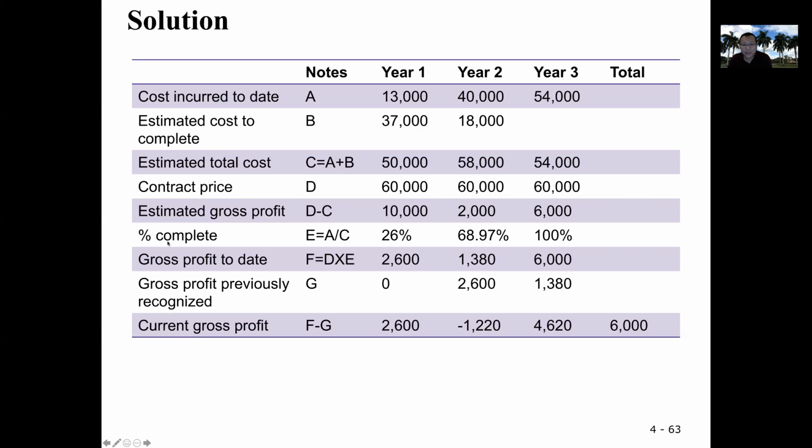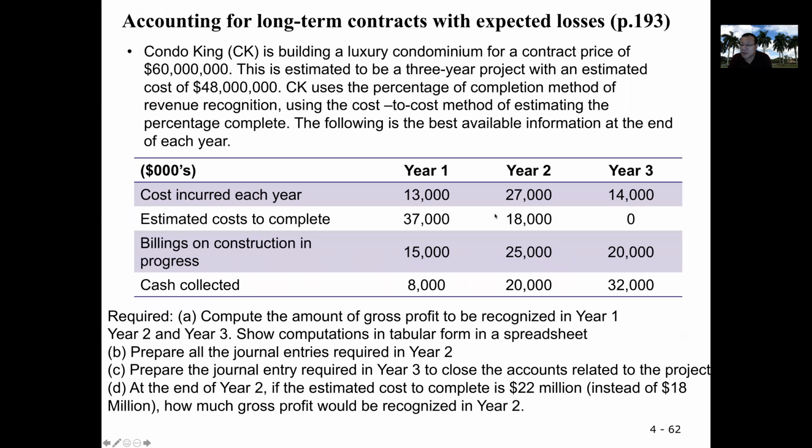Again, using the cost-to-cost approach, we use actual cost incurred to date, 40,000, divided by total cost, 58,000. So 40 divided by 58, you get 68.97%.